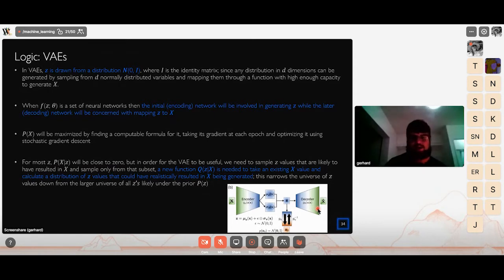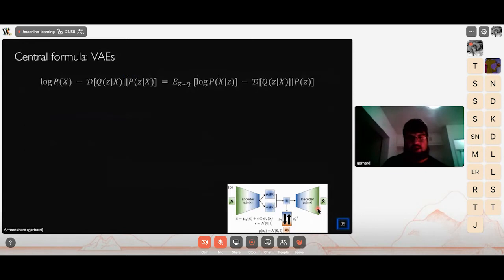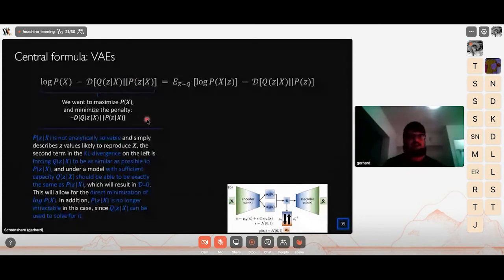It's trying to take this existing X value and then calculate a distribution of Z values that could have realistically resulted in X being generated by the decoding network. So we're trying to narrow the universe of possible latent variables down from the large universe of all Z's likely under the prior. So this is the central formula of the VAE.